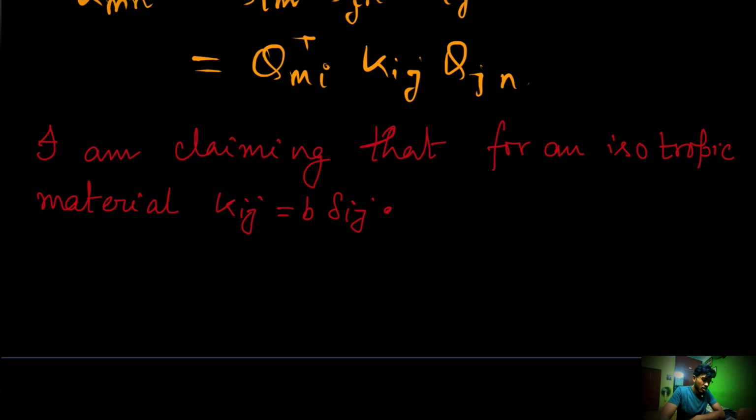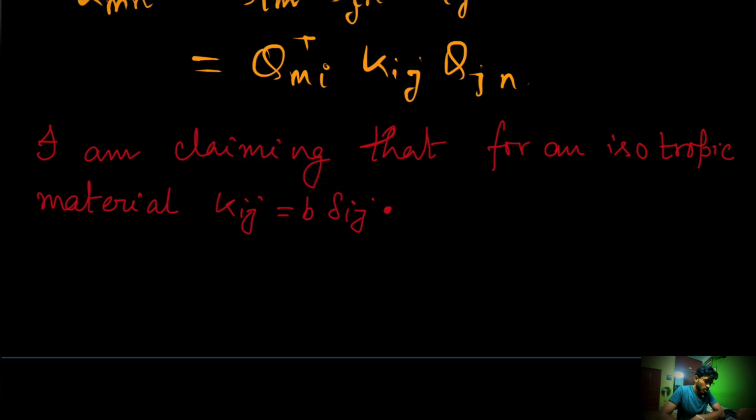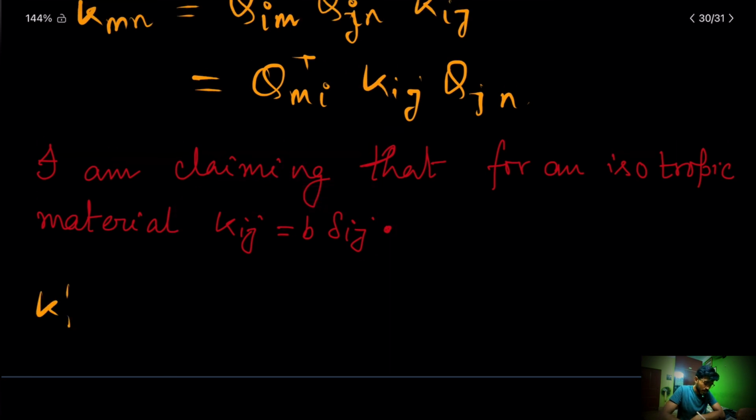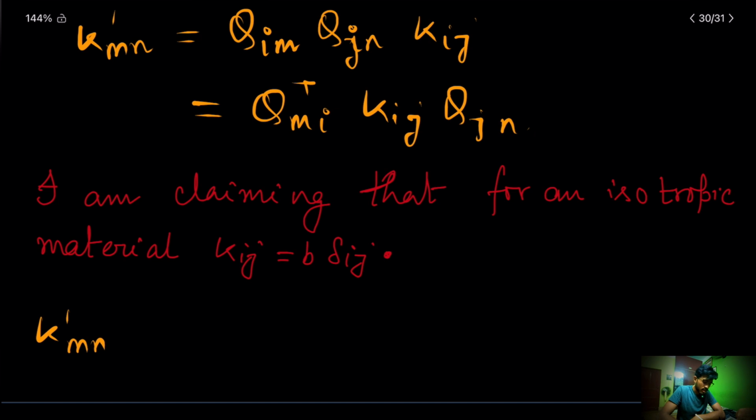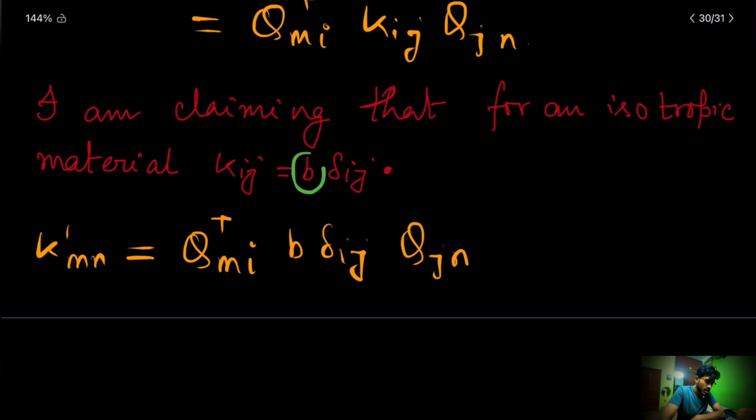So let us verify it. I will put this expression here. K'mn is equal to Qmi transpose into B delta Ij into Qjn, where B is nothing but a constant.